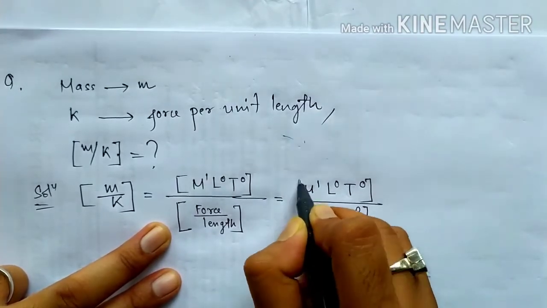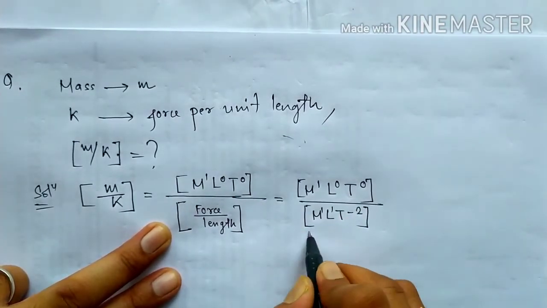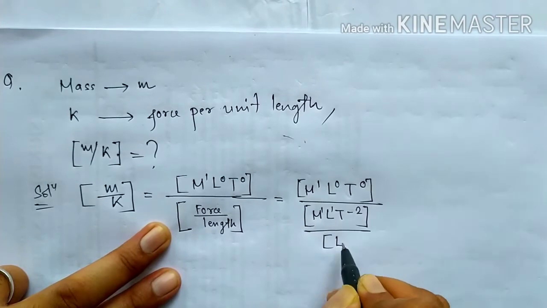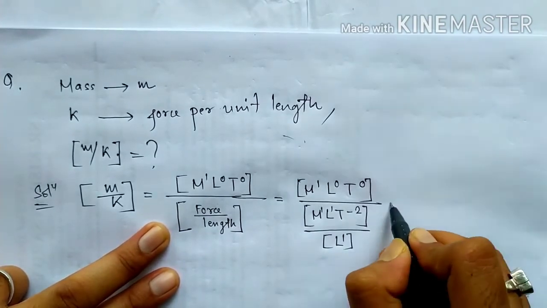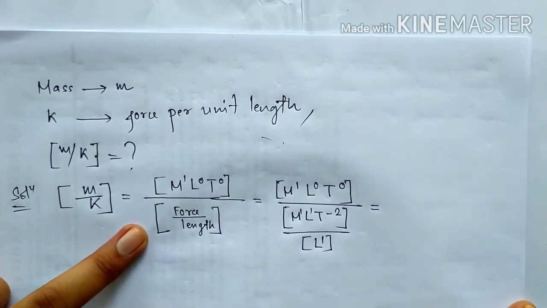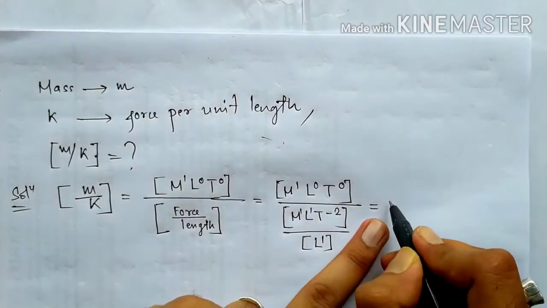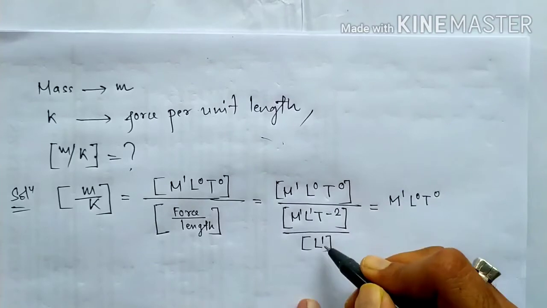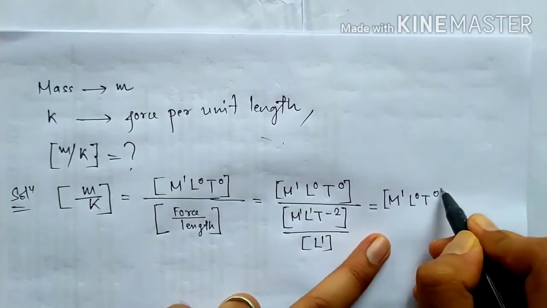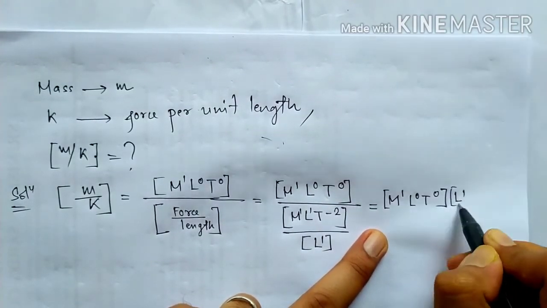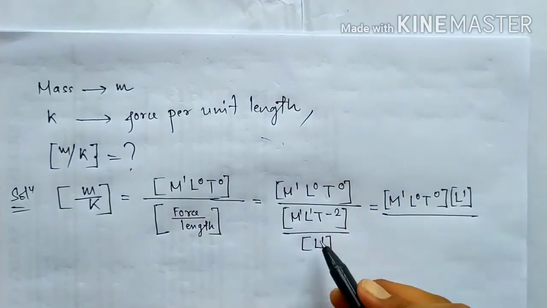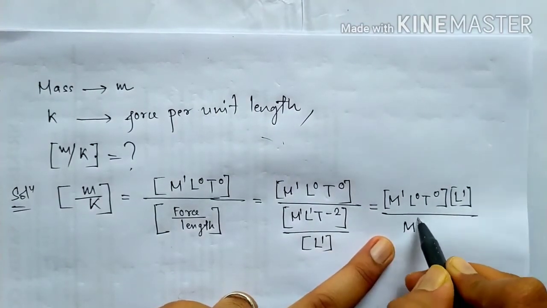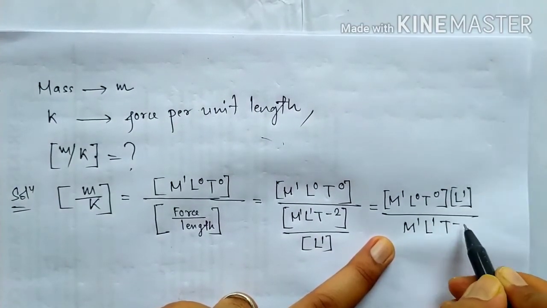Divided by the dimension of length. So if I solve it a little bit, what will I have? M to the power 1, L to the power 0, T to the power 0. This L to the power 1 will go to the numerator, divided by M to the power 1, L to the power 1, T to the power minus 2.